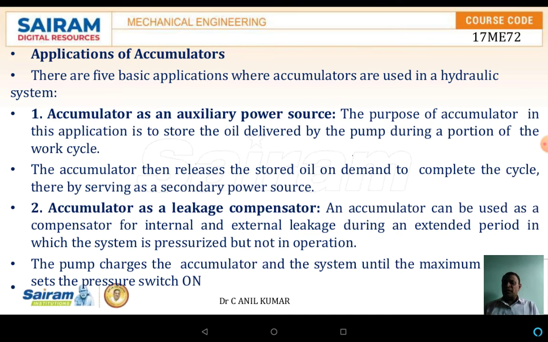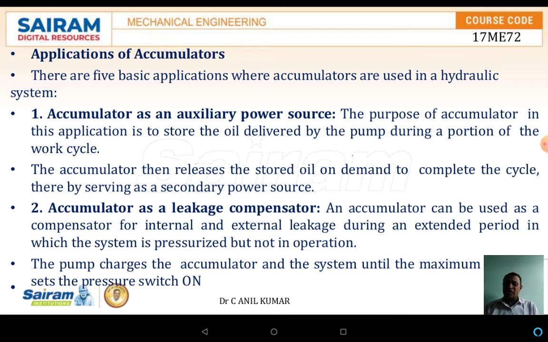The application of the accumulator. There are five basic applications of accumulators in the hydraulic system. The first one is that the accumulator is used as an auxiliary power source. The purpose of this application is to store the oil and deliver it to the pump during a portion of the working cycle or when there is a drop in the pressure.